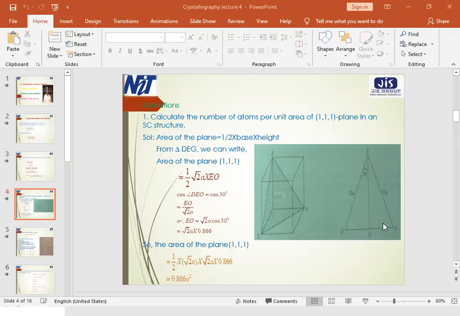Due to that, EO will be written as root 2a into cos 30. Now cos 30 is 0.866.